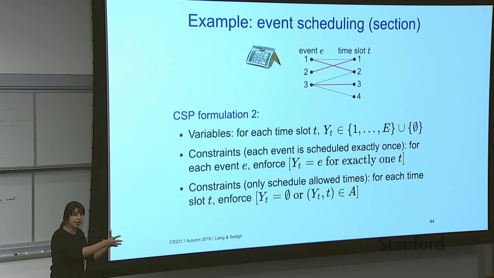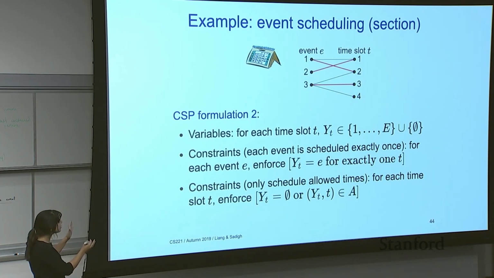So I can reduce down to binary constraints. I can make these two models have all binary or unary constraints. So that part is fine. But one of them is going to have order of T factors. The other one is going to have order of E squared factors.